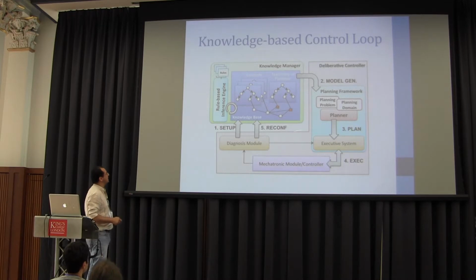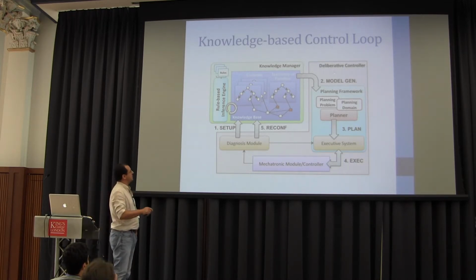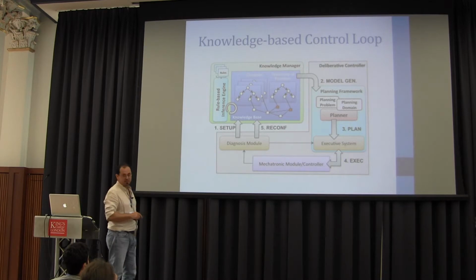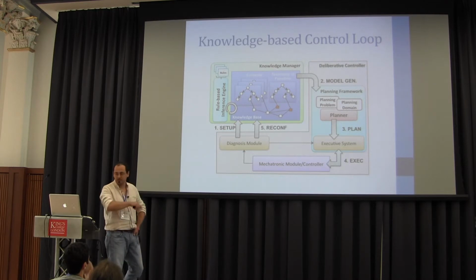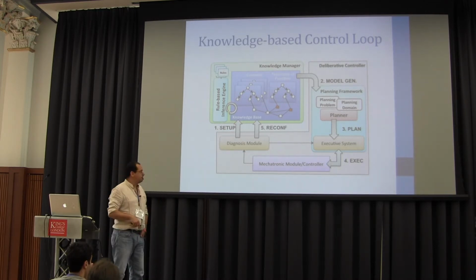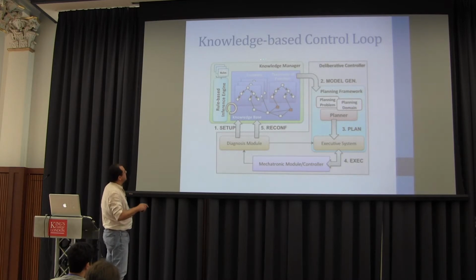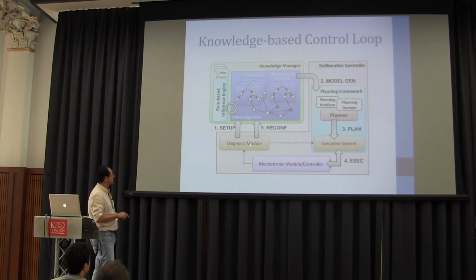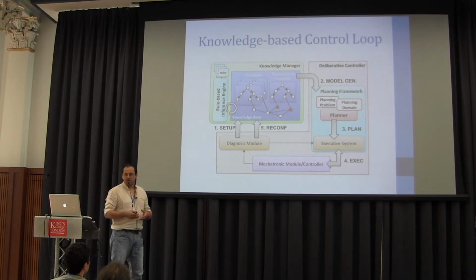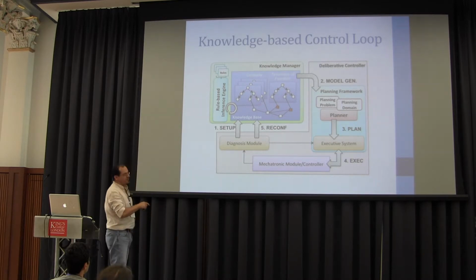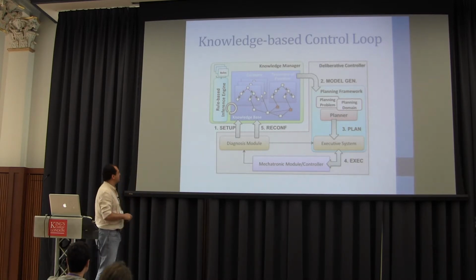So, the planning architecture is this one. Basically, we have the classical planning and execution loop with a knowledge manager component that is able to create an abstract representation of the status of the mechatronic module and the environment in which the mechatronic module is located. The knowledge-based control loop works in this way. The mechatronic module is switched on, the diagnosis module collects sensor data in order to provide a first raw abstract representation of the status of the mechatronic module and the environment.